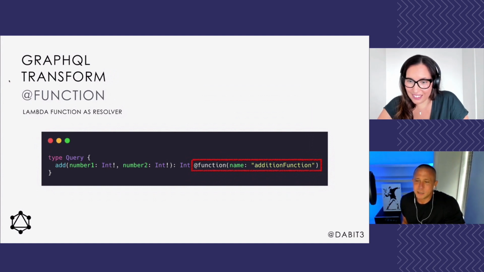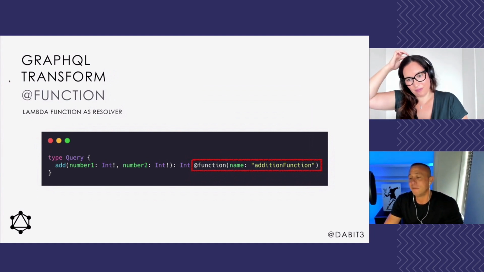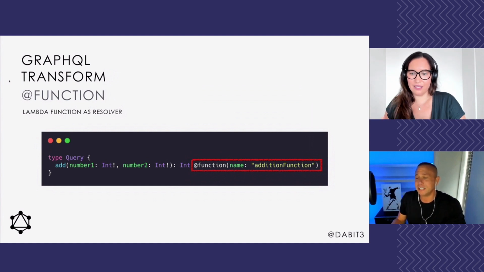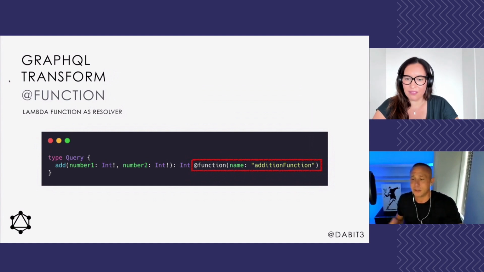You can take a Lambda function and have it as the resolver, and anything that you return in the Lambda function is going to be the return value of this query. The return value here is an integer, so all you would need to do is have this Lambda function run, and whatever you return at the end just needs to be an integer, and this is going to work fine. Wow. So it's pretty cool. Yeah, it is.